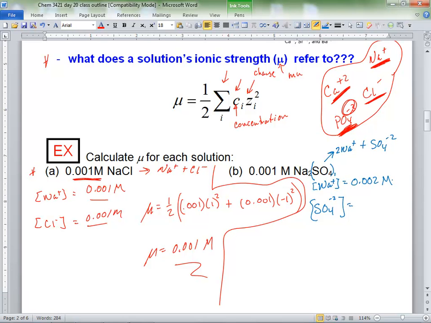Okay. The concentration of sulfate must be 0.001. You only get 1 of them. It's 1 to 1, 1 sulfate for every 1 sodium sulfate.